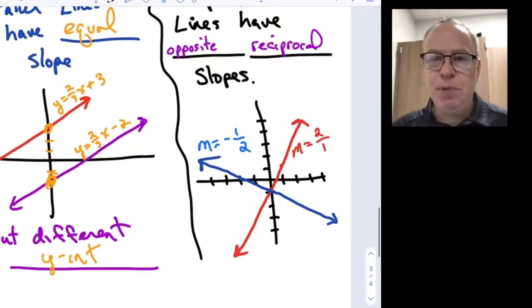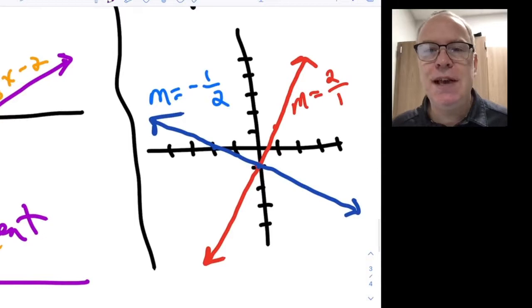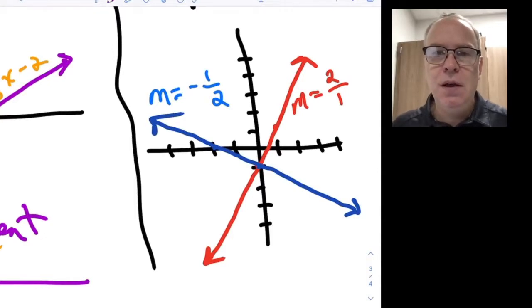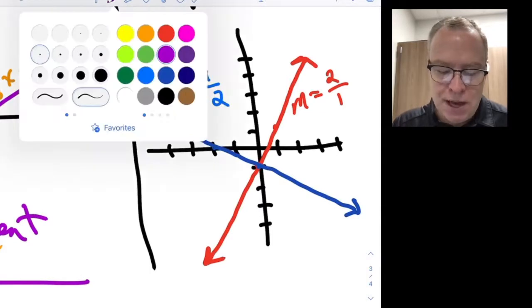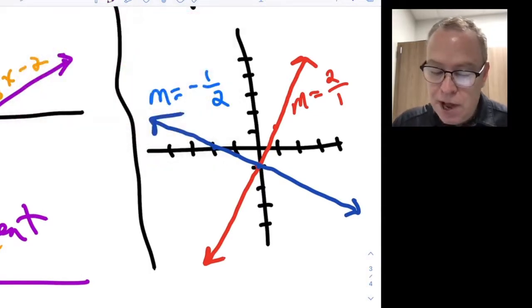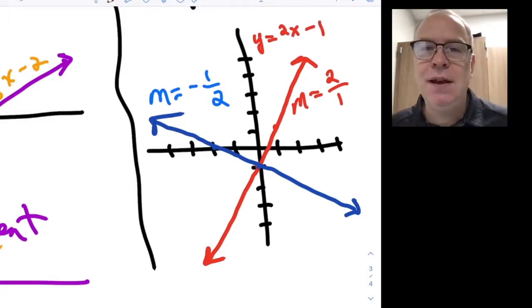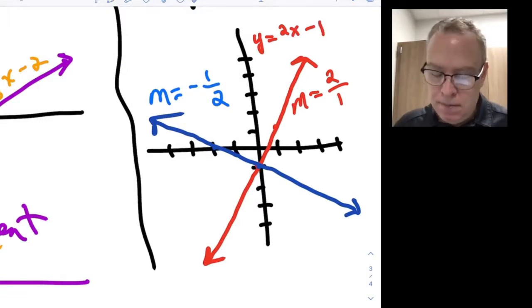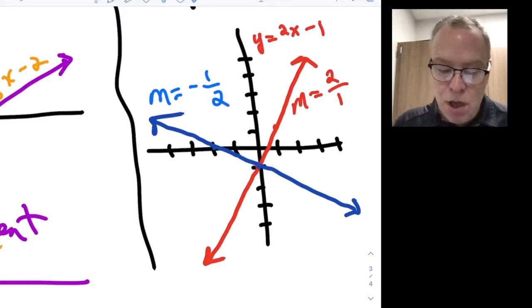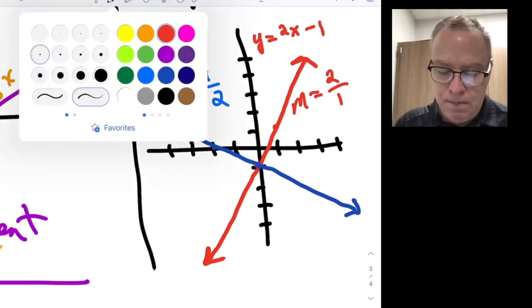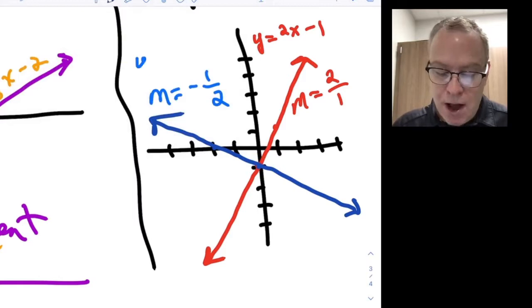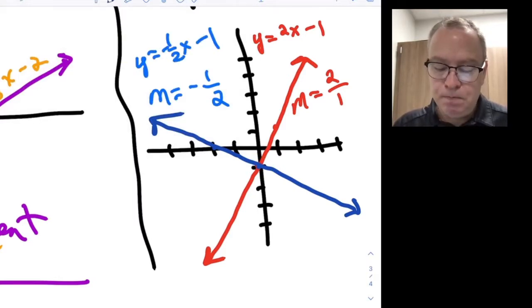Now, this particular drawing, this is not always the case, but the way I drew this here is they actually have the same y-intercept. That's not always the case, but it can be. So this line is y equals 2x minus 1. You see it hits at -1 right here. It hits at -1 on the y-axis. Whereas the blue line is y equals -1/2 x minus 1.